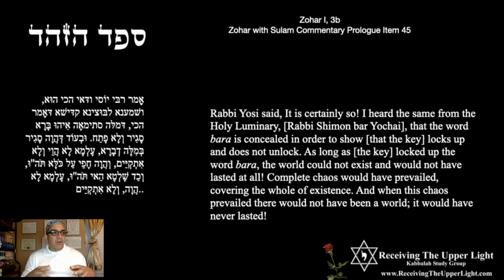That yesod is called ateret yesod, and ateret yesod is what was called the key, and then Malchut is the one that holds the gates or has the lock that needs to be unlocked.